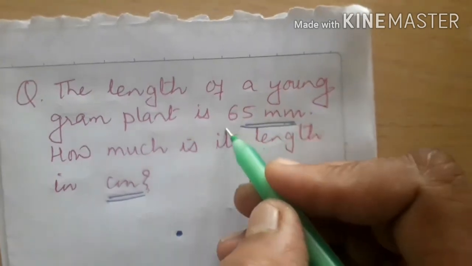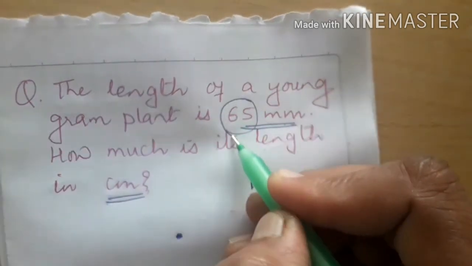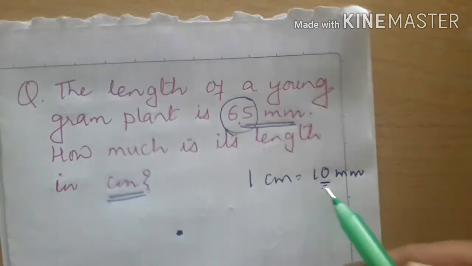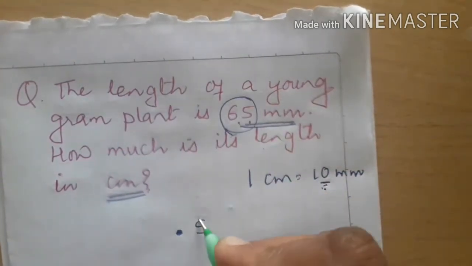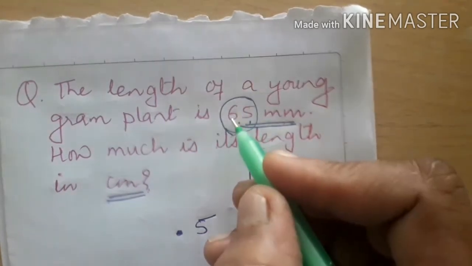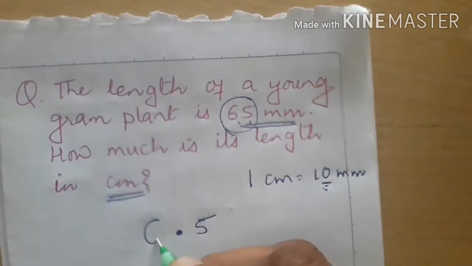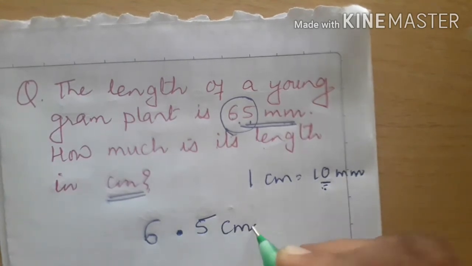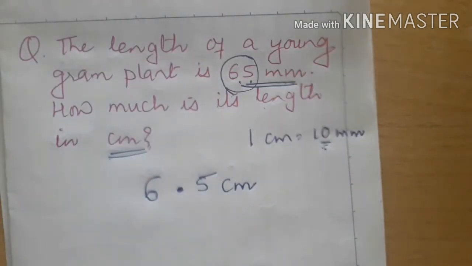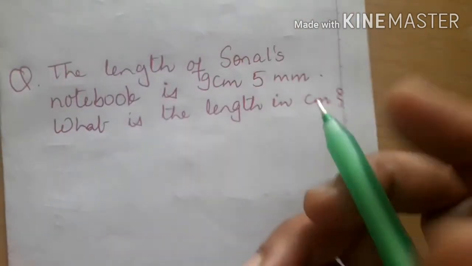Here, when 65 is divided by 10, what is the remainder? 5, that is for the millimeter part. And what is the quotient? That is 6, that is your centimeter part. So here you can write it as 6.5 centimeter. Okay, now coming to the next question, see this one.